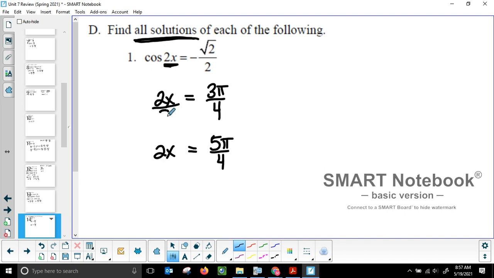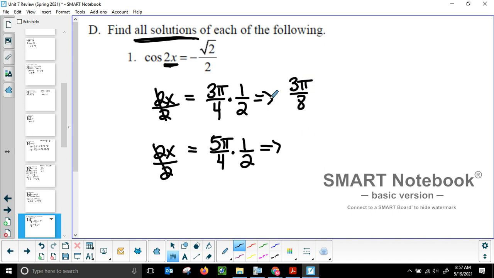So I can divide both sides by 2 to get my x by itself. Dividing by 2 is the same as multiplying by 1/2. So now I know that x equals 3 pi over 8, and x equals 5 pi over 8.